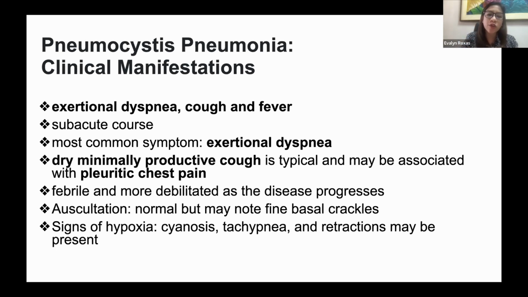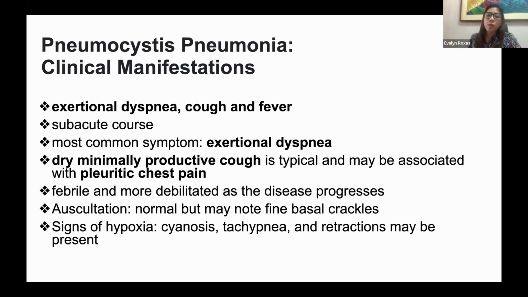Most of the time, a dry nonproductive cough is typical and can even be associated with pleuritic chest pain. As the Pneumocystis pneumonia progresses, the patient becomes more febrile and more debilitated. On physical exam, findings can be normal or sometimes fine basal crackles.